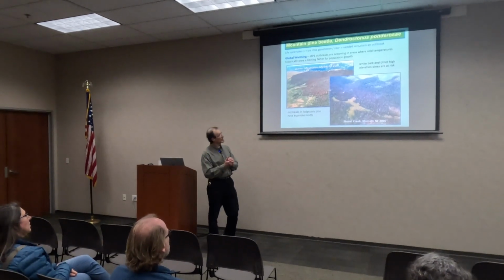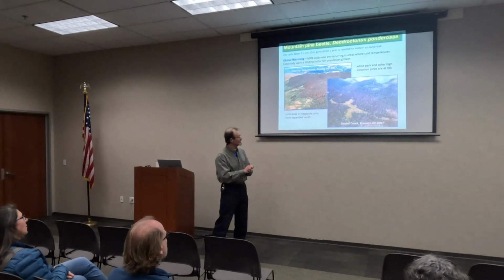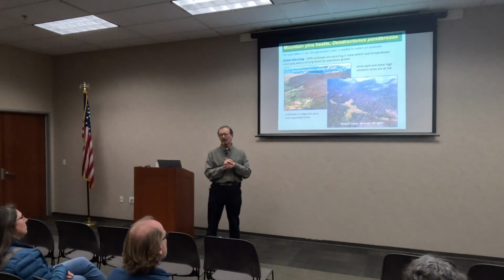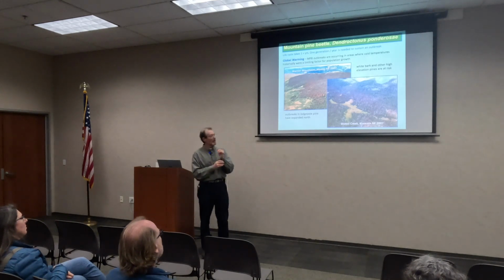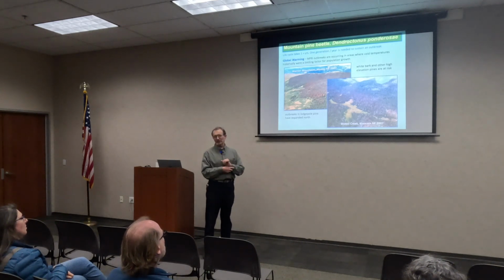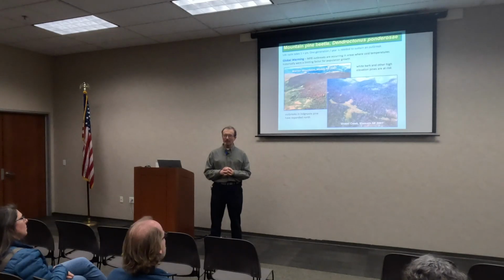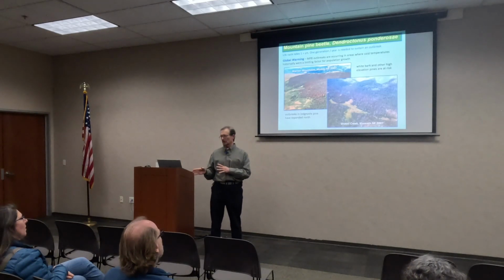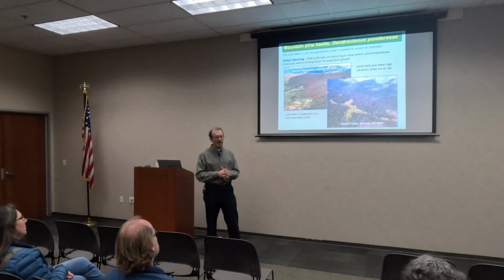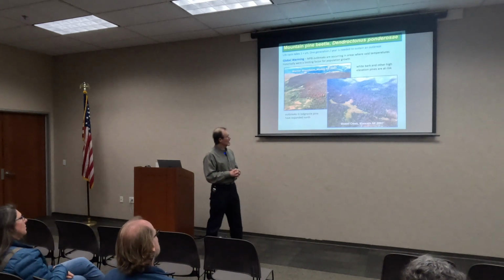The thing with global warming is that this mountain pine beetle is actually becoming more of a problem in areas where we did not see it before. Higher elevation pines may be attacked by it, and some of the high elevation pines are very restricted in terms of their ranges. So there is certainly concern about these trees in the western United States.